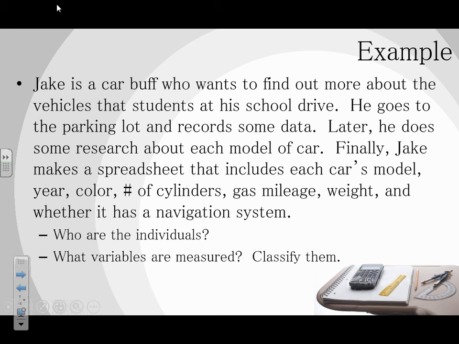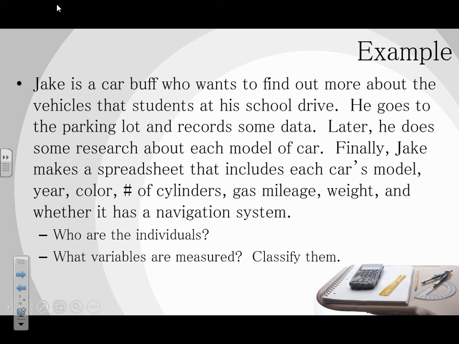Okay? Color, categorical. Year could really be either. We could fit it into categories. We could say like it's made from 80 to 85, 85 to 90, and so on, fit it into categories like that. Or we might want the average year. What's the average year that these cars were made throughout the parking lot?